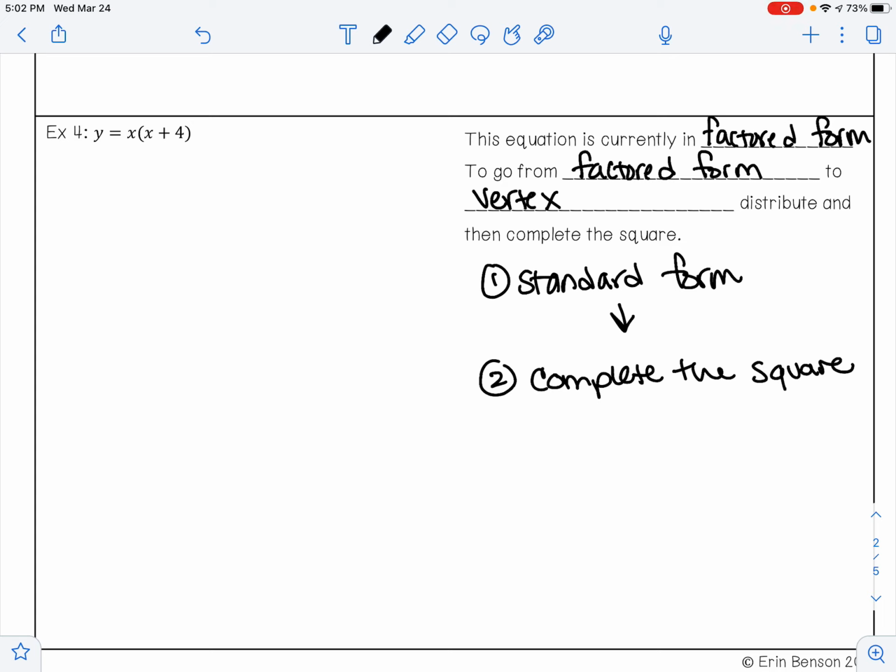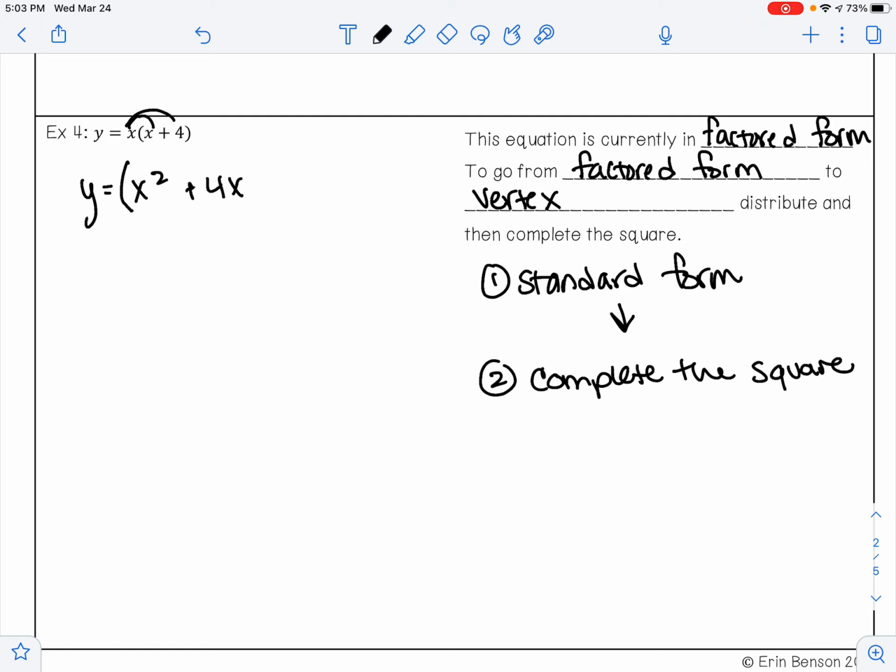So my first step is going to be to distribute. X times x is x squared. X times 4 is 4x. This equation is currently in standard form. So now I'm going to do the same exact steps that we just did on example 3.